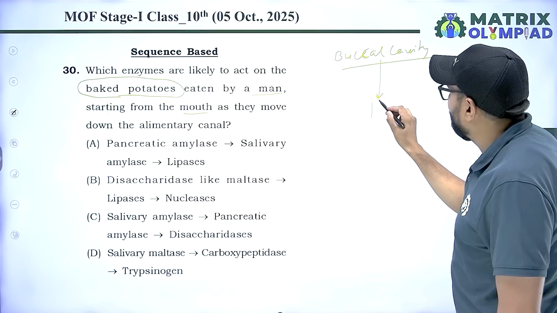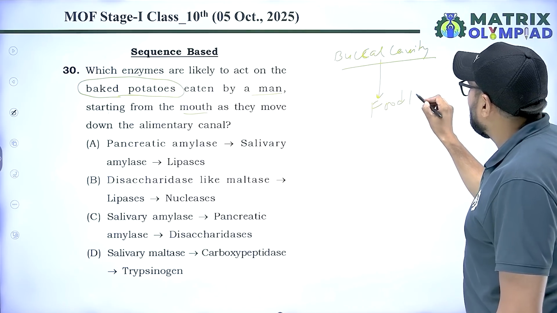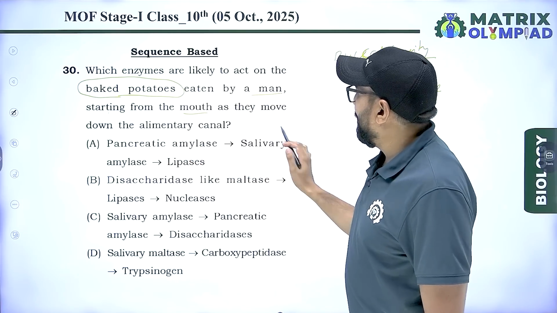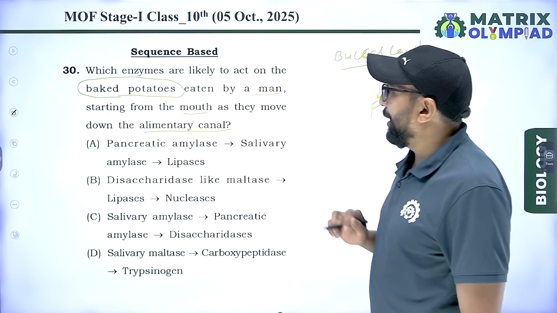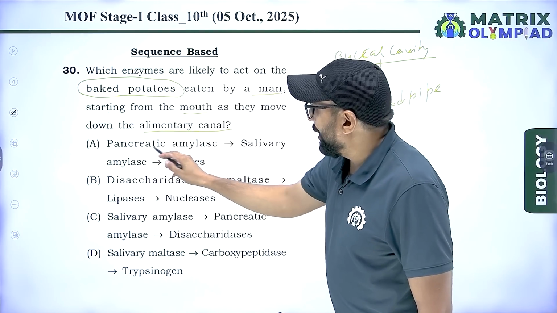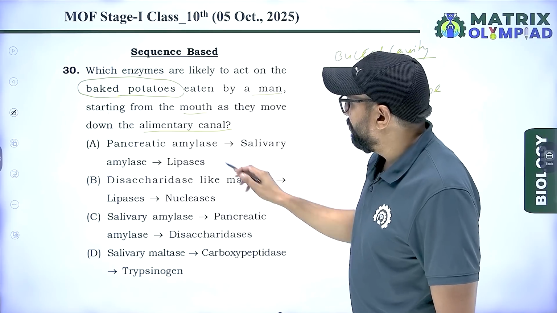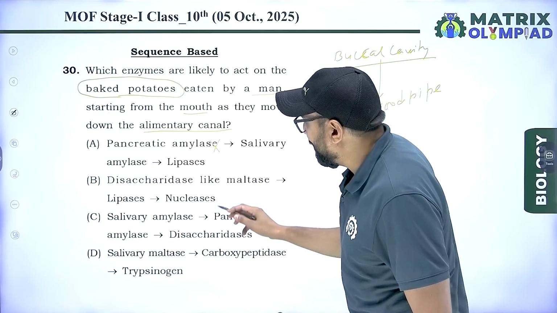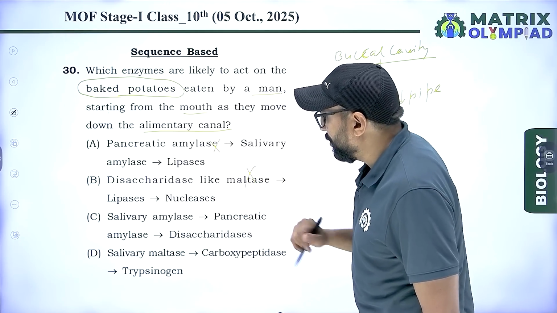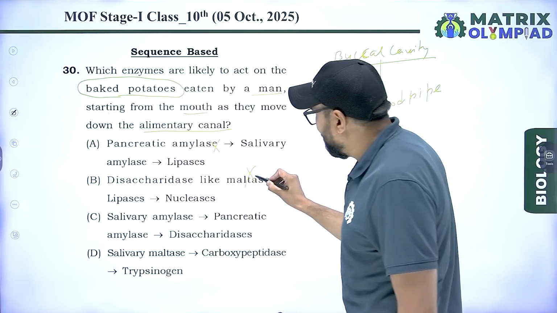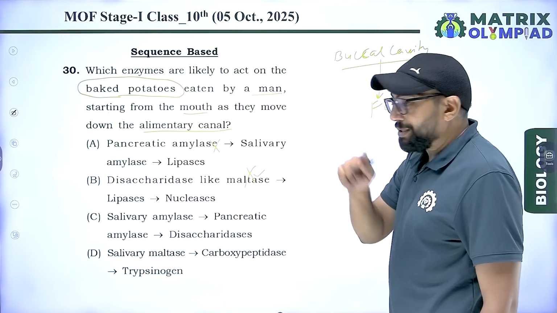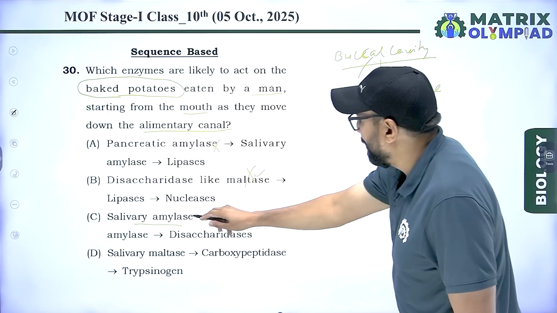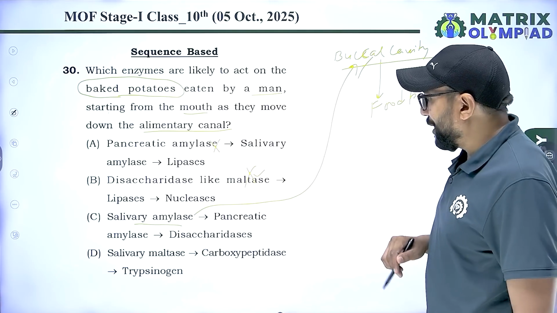Mouth means buccal cavity, then food pipe, down the alimentary canal. Which enzyme? Pancreatic amylase? No. Disaccharidase like maltase? No, because maltase is used in the next step. Salivary amylase in the buccal cavity.